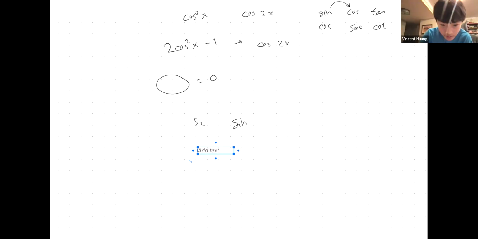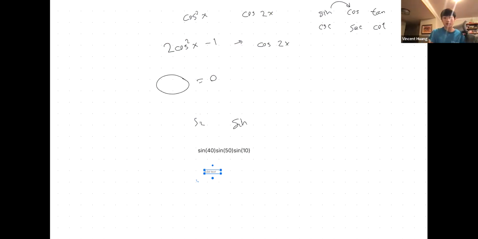So when you see these numbers, let's say this is all in one numerator, sine 40, sine 50, sine 10 is a horrendous product. You don't want it. But if you're going to convert it into a sum, you're probably not going to use product to sum.